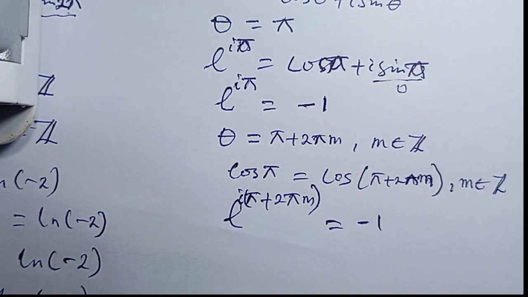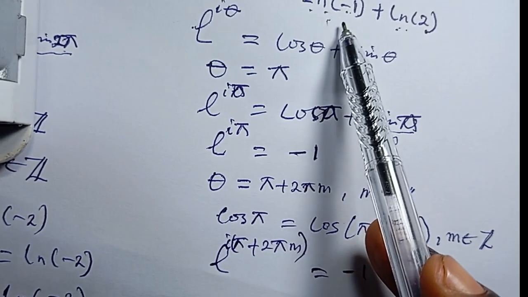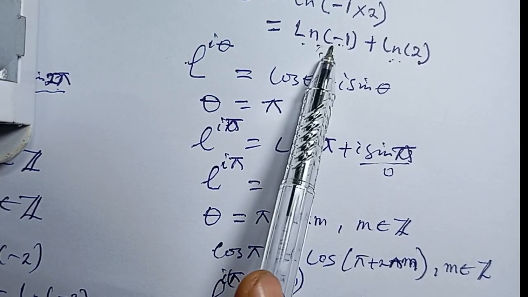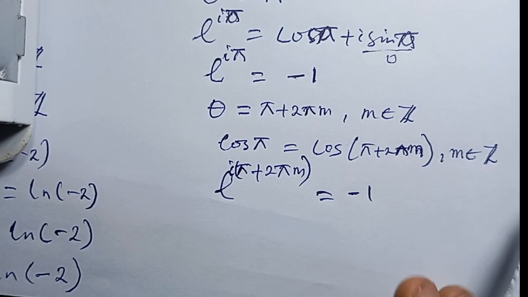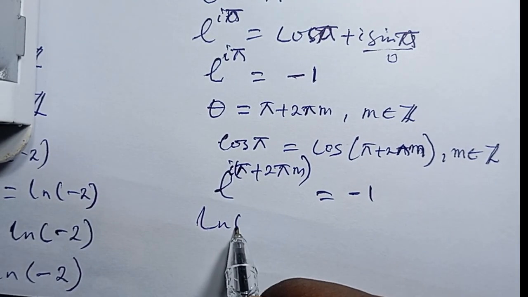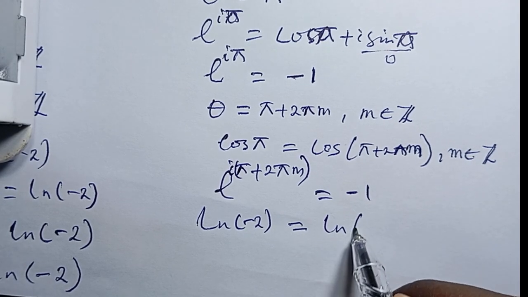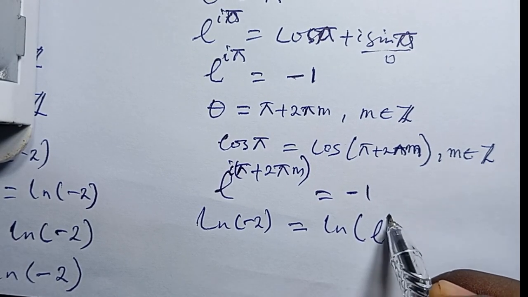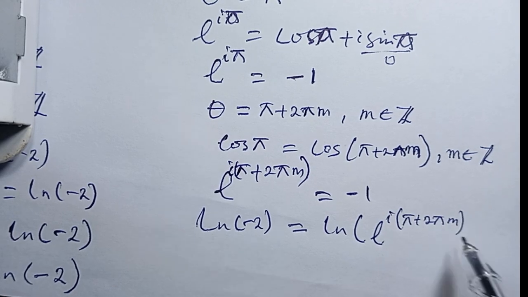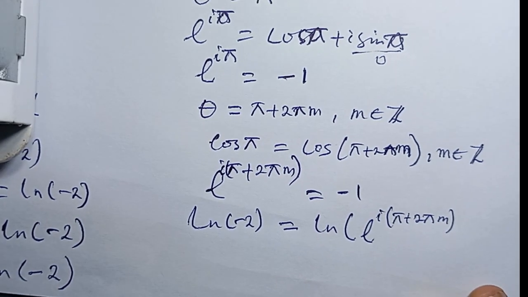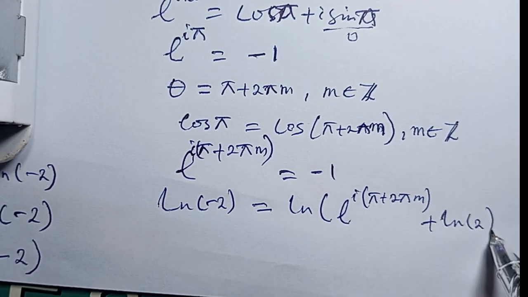Okay, so in place of this negative 1 we have right here, we're going to be replacing that with this exponential equation, so that the natural log of negative 2 now becomes the natural log of e to the i times pi plus 2 pi m, and then of course plus the natural log of 2.